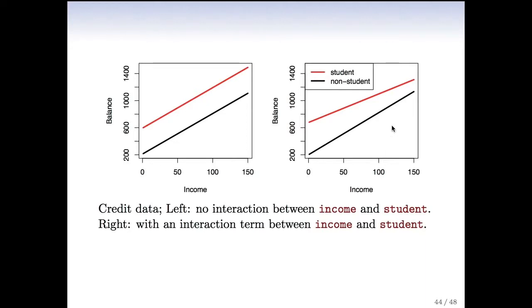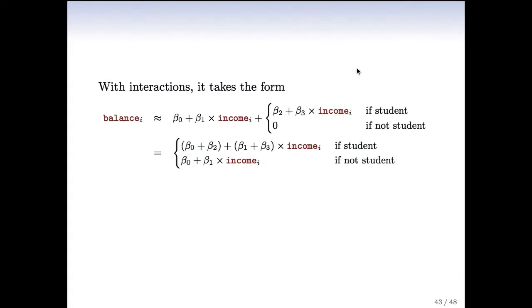If we look at the actual model, it looks like this. We can write it in several different ways. This second term over here is showing us what happens with the interaction. If you're a student, you get both a different intercept, that's beta 2, and you get a different slope on income, which is beta 3.